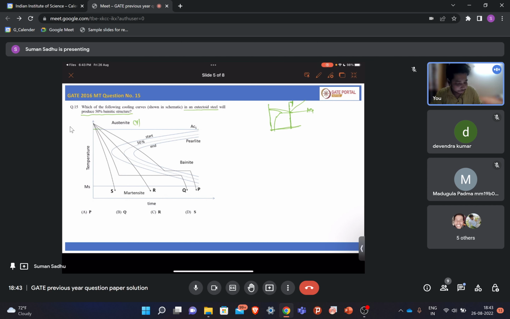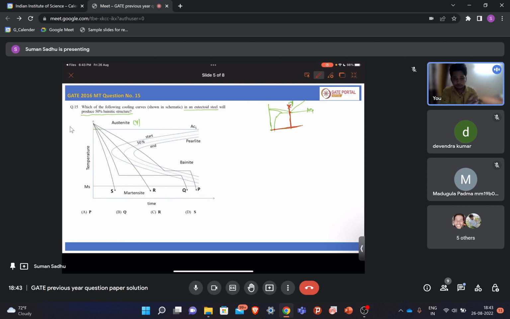Now, if you cool from this part, with equilibrium cooling up to room temperature, you will get the equilibrium phase fraction, and as it is eutectoid steel, you will get 100% pearlite.